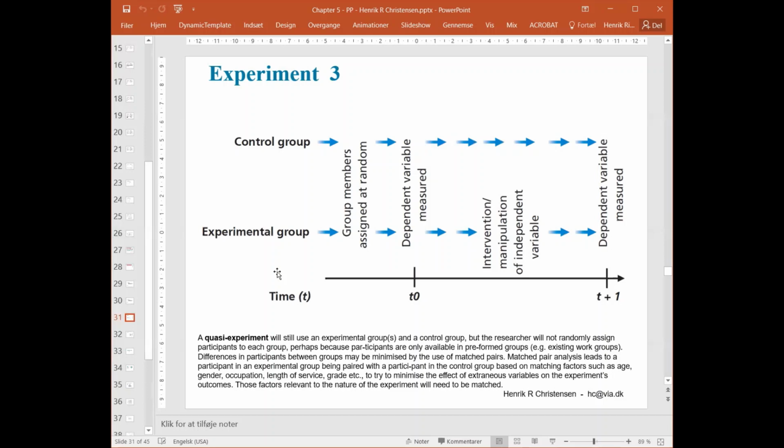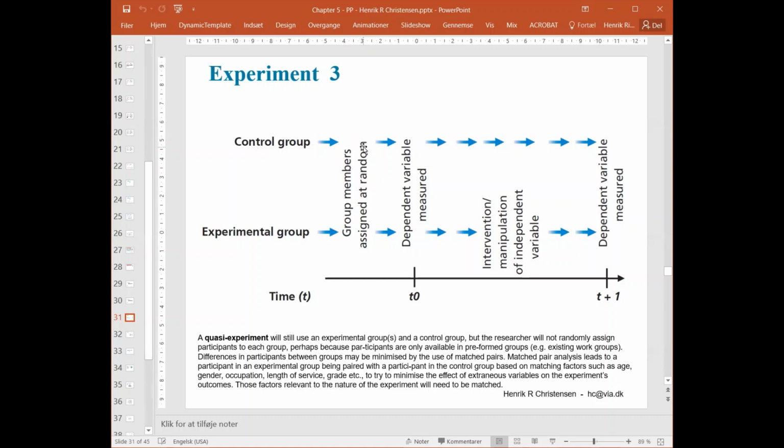We need a control group and we need an experimental group. So if we just look at the control group up here, and notice that we have time equals 0, could be today, and time plus 1, that could be in 2 months. Now the control group, we are assigning members to the control group randomly.